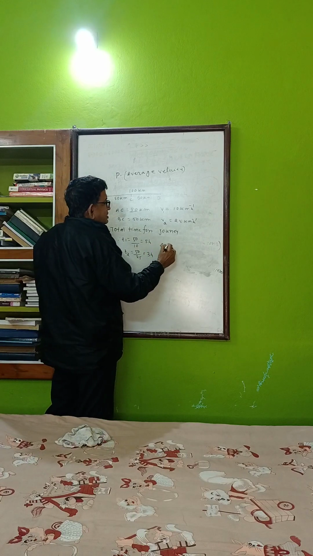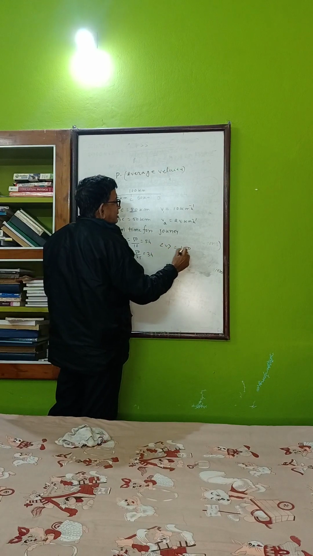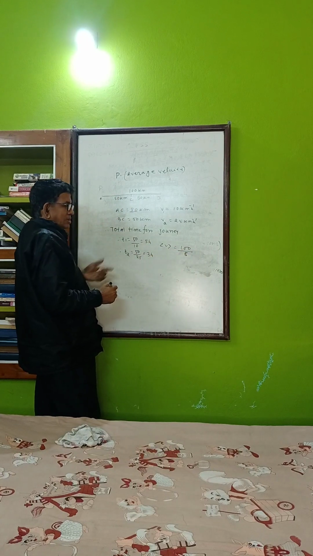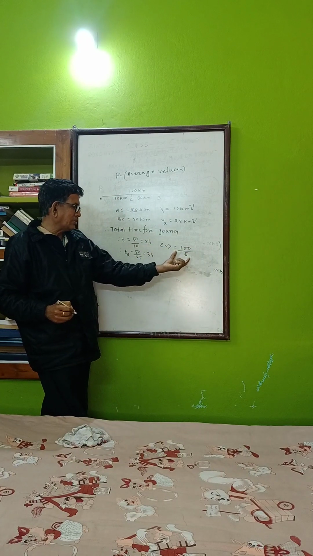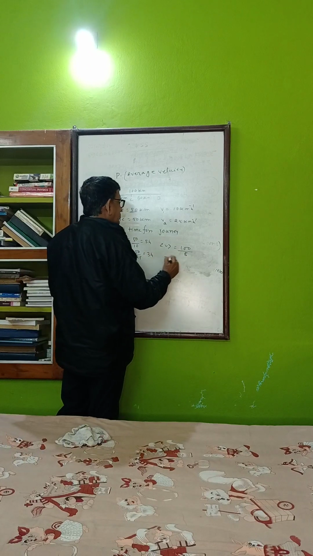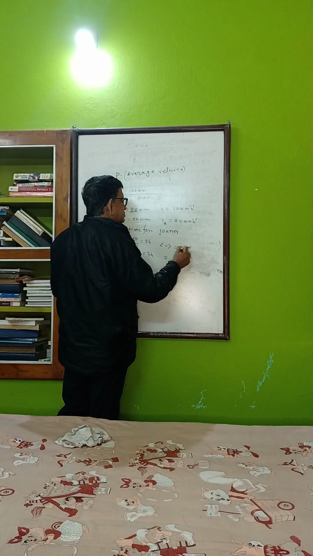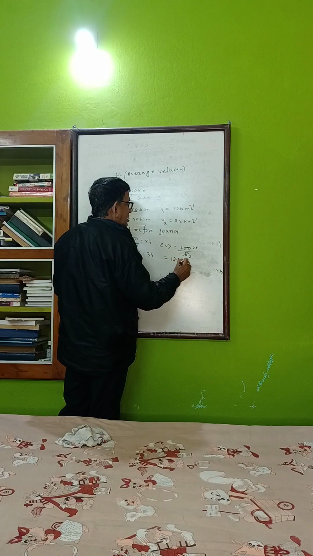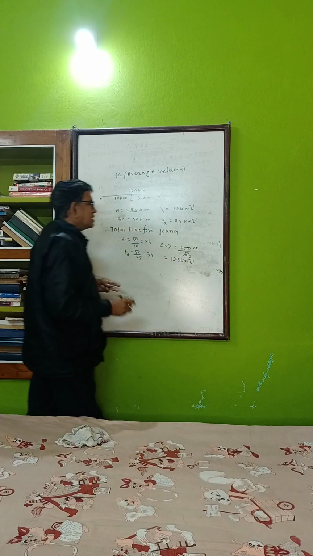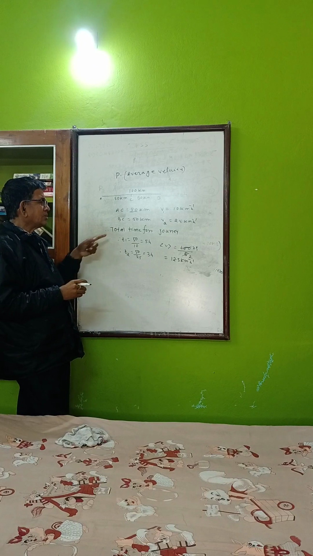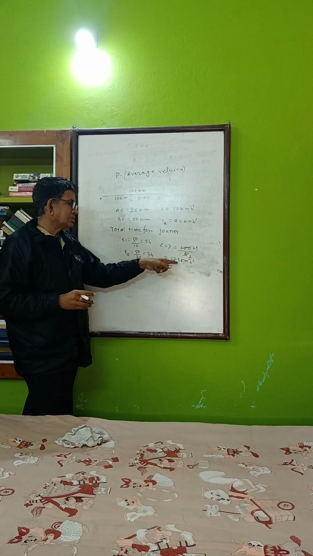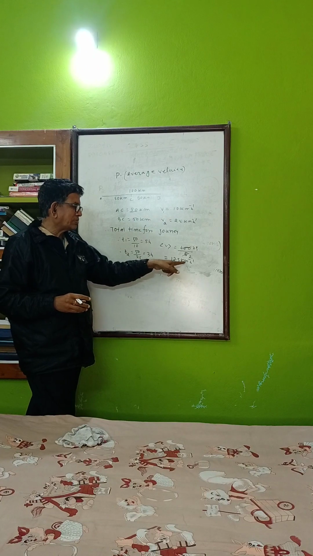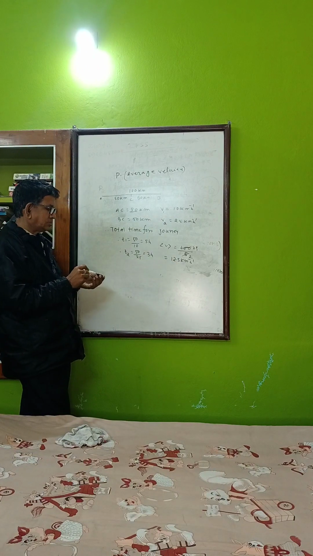Now average velocity equal to total path 100 by total time. So we have 12.5 kilometer per hour. So it is clear that the particle is moving with average velocity 12.5 kilometer per hour.